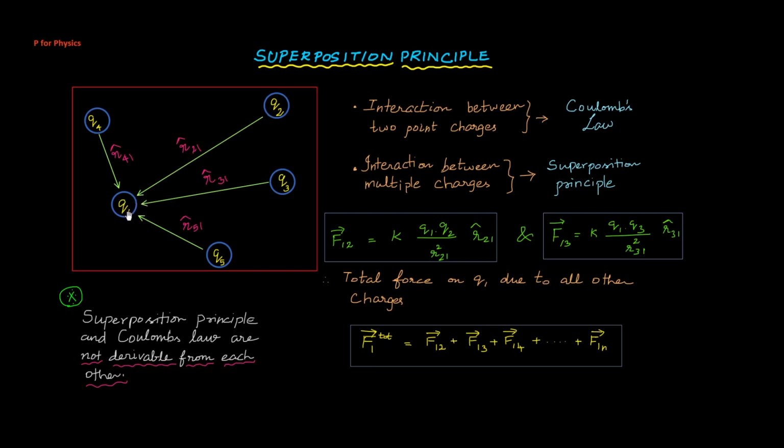So if I talk about Q1 and Q2, R21 cap represents the position vector between the two charges. So Q1 and Q2's position can be understood just by knowing the value of this unit vector R21 cap. Similarly, the position and placement of the other charges with respect to the charge Q1 can be easily found using their respective position vectors as shown in the diagram.